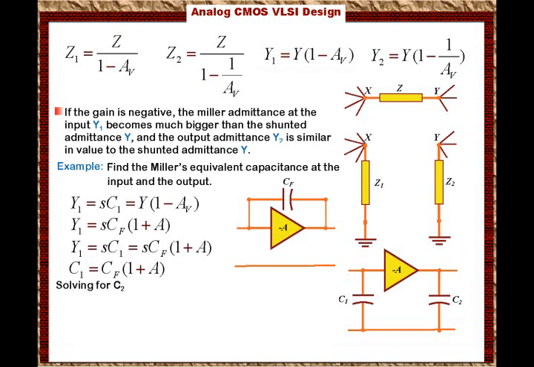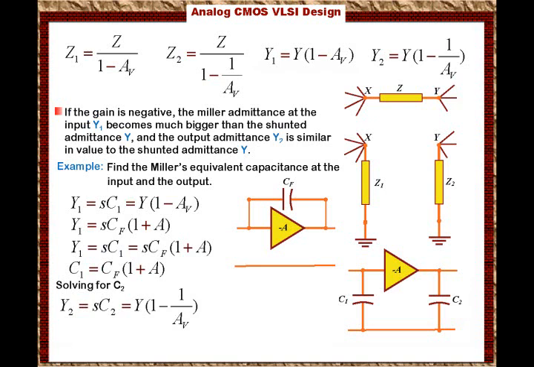Now, a similar scenario will happen at the output. Similarly, the output capacitance due to the Miller effect is given as Y2 equals S times C2. That's the definition of the admittance, which equals, by Miller's theorem, Y times 1 minus 1 over AV.